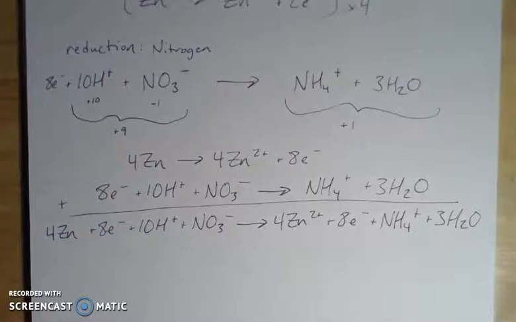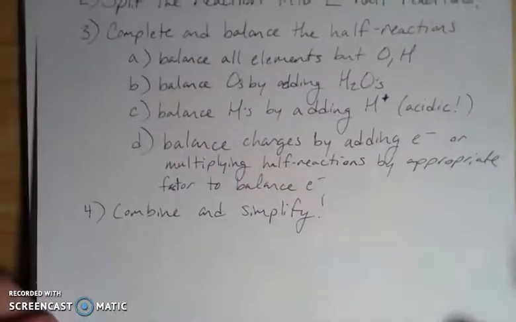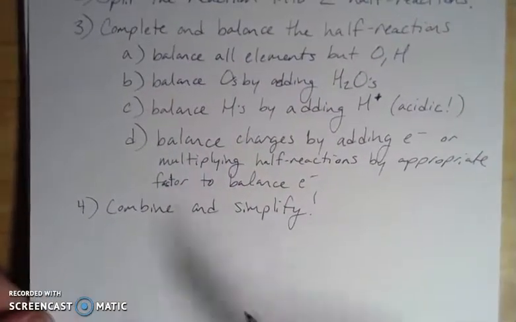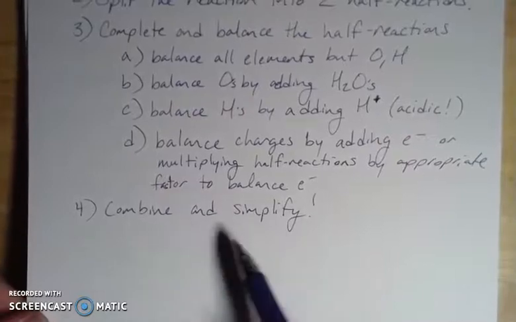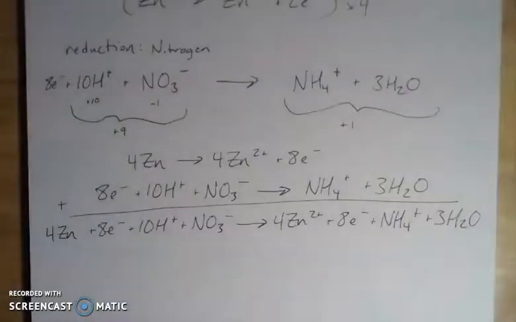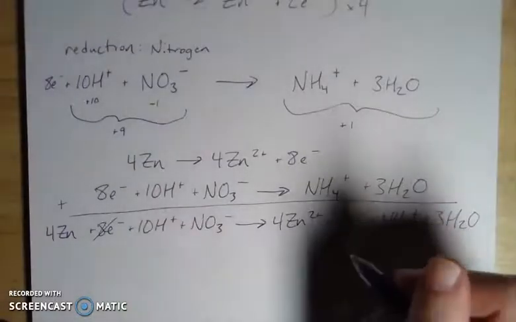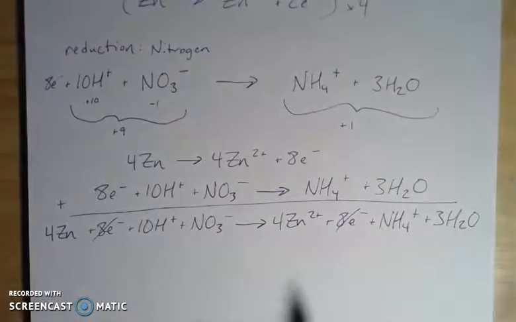Okay, so when I look at what I have in common, this is back to my original steps of these reactions. Combining and simplifying means I'm adding together those half reactions and getting rid of what we've considered in the past as spectators, or things that are in common on both sides. Well, in this case, it's the electrons, right? The electrons are the ones that are moving around. And there's nothing else that's in common on either side.